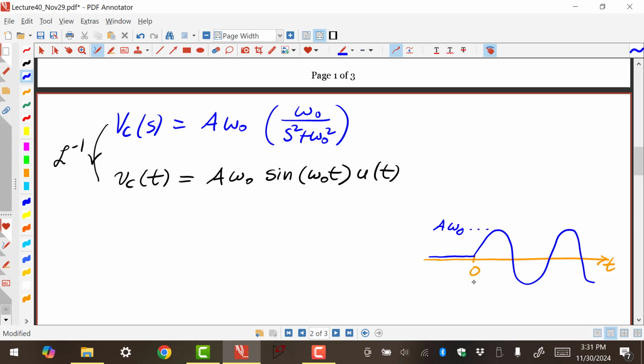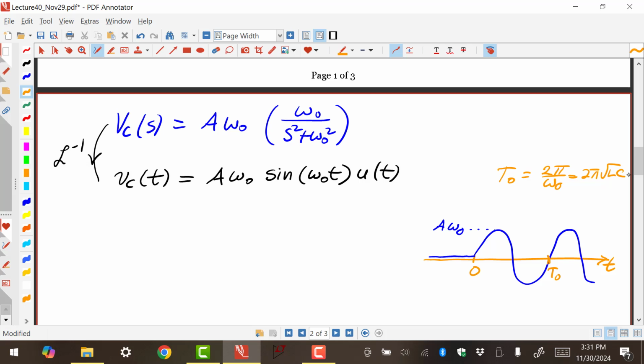On the bottom, you have minus A omega naught. And one period, from 0 to here, is one period. And T0 is the same as before. T0 is 2 pi over omega naught, which is 2 pi root LC. That's how it looks.